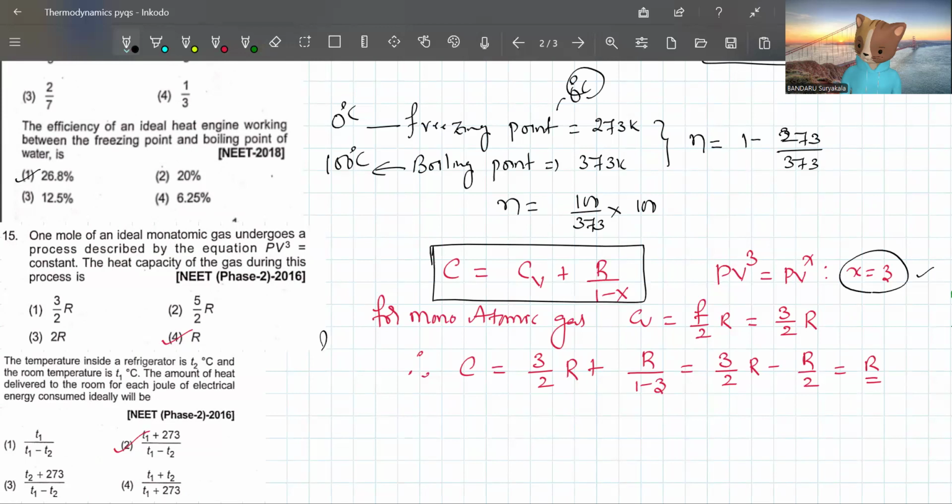For a monoatomic gas, F equals 3. So now if you do the calculation, you will get the answer R. And next, the temperature of the refrigerator they gave. The simple formula is this formula only.